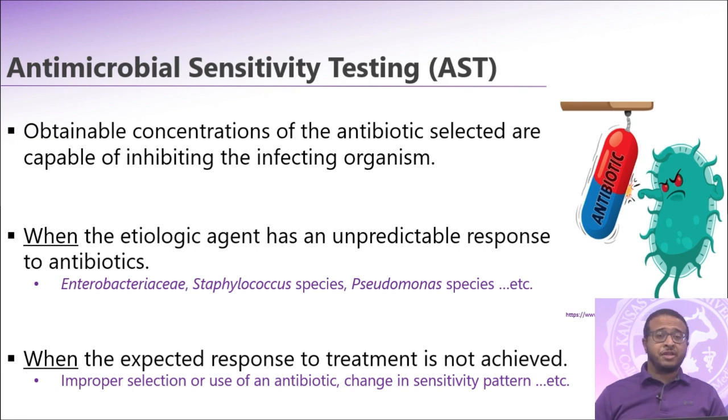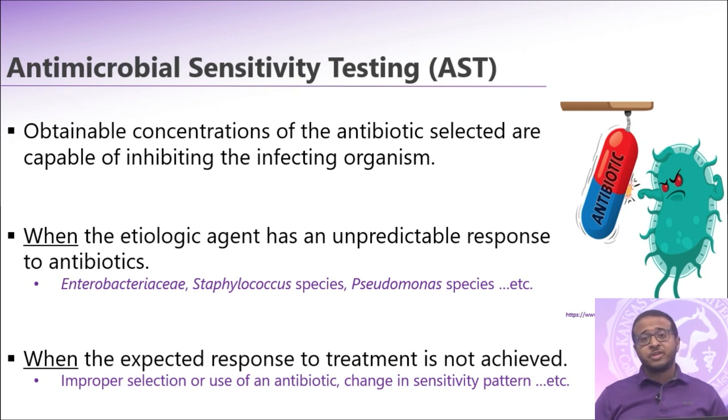And the other scenario when we recommend running susceptibility testing is when the outcome for treatment is not achieved, right? Whether an initial antimicrobial susceptibility test has been run or not, the animal is not improving, and then we need to think about an approach to this.